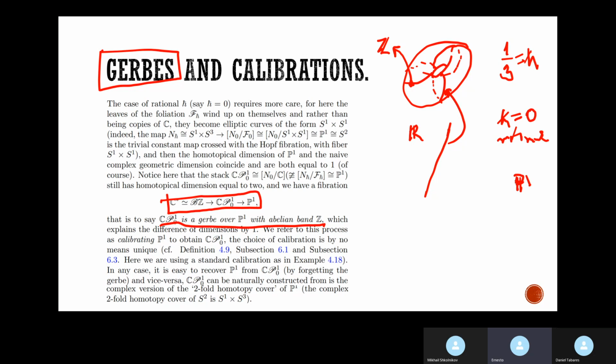I get a new P1 that I called in this slide CP01, because I was calling CP_h bar 1 the general situation. So h equals 0, and this lands over P1 with fiber BZ. Well, but BZ is C star.